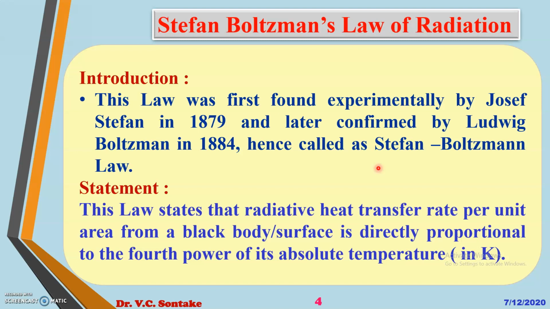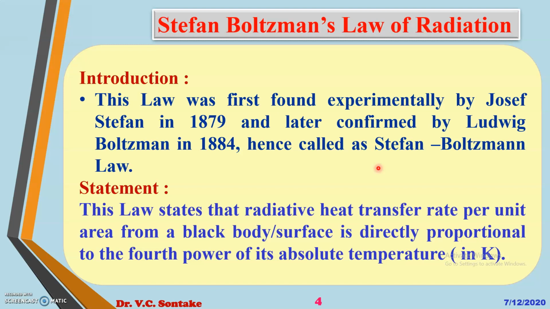This law was first found experimentally by an Austrian physicist, Joseph Stefan, in 1879 and later confirmed by Ludwig Boltzmann in 1884 by considering some thermodynamic concepts. That is why this law is also called the Stefan Boltzmann Law, in honor of both the physicists.